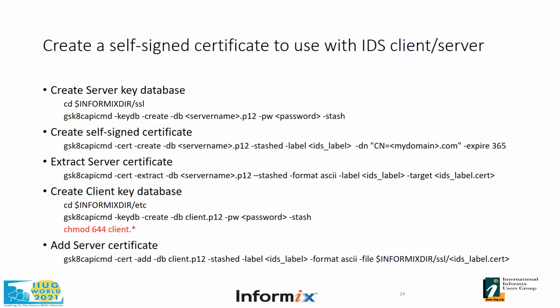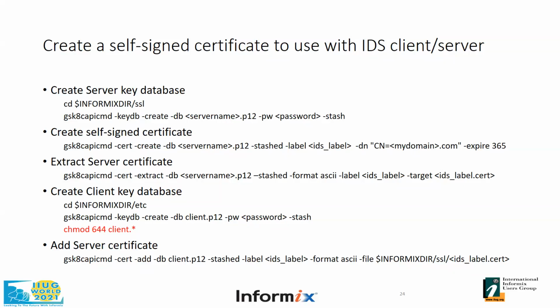So now we're going to go to Informix etc. We're going to create the client database or key store. The standard name is client.p12. However, there is a file that you can use in the Informix etc directory called conssl.cfg that will allow you to specify a different name if you don't like the name client.p12.